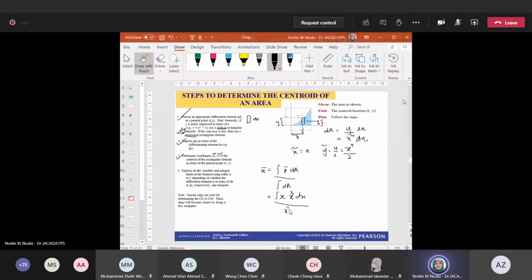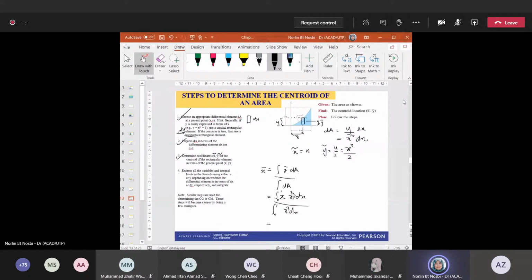Okay, don't forget it is from 0 until 1. So you can solve this equation. I don't have to show you how to integrate. You all must know how to find this one. So it would be x^4.